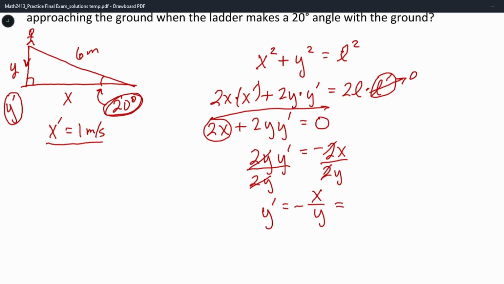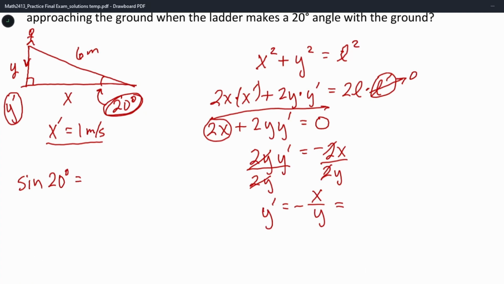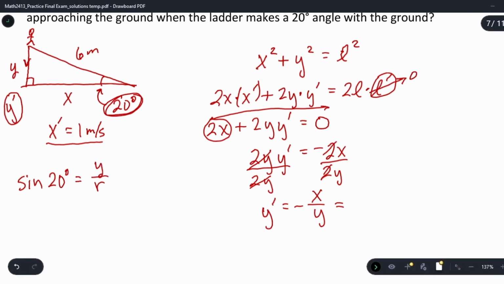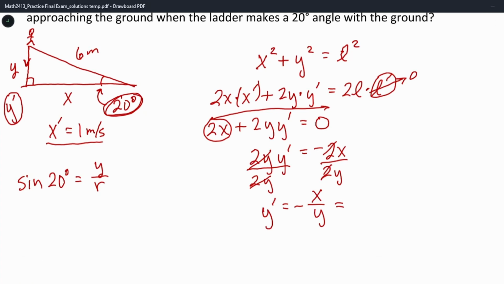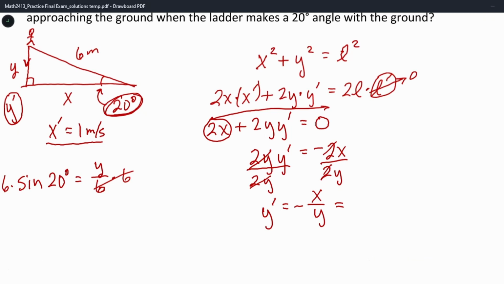Using our trigonometric identities, we know that sine theta, here my theta is 20, is y over r. But my r is the length of the ladder. So I can multiply both sides by 6, and I'll know the value of y.